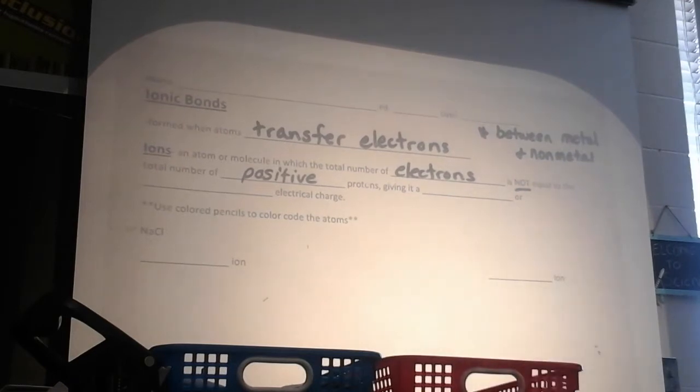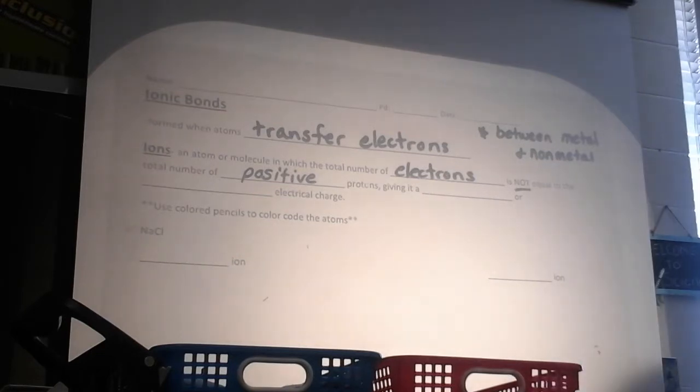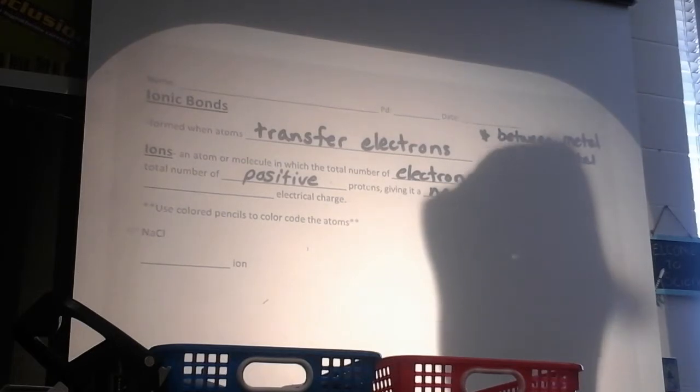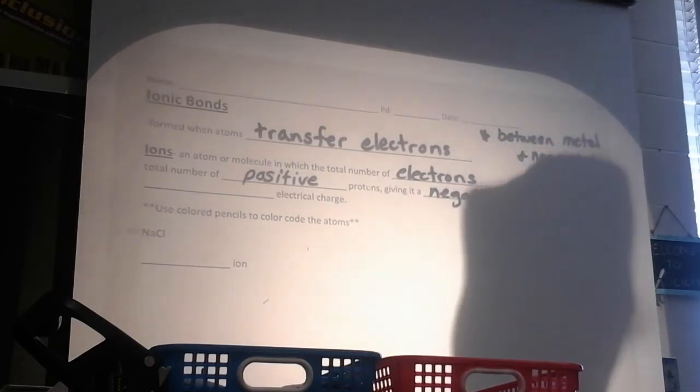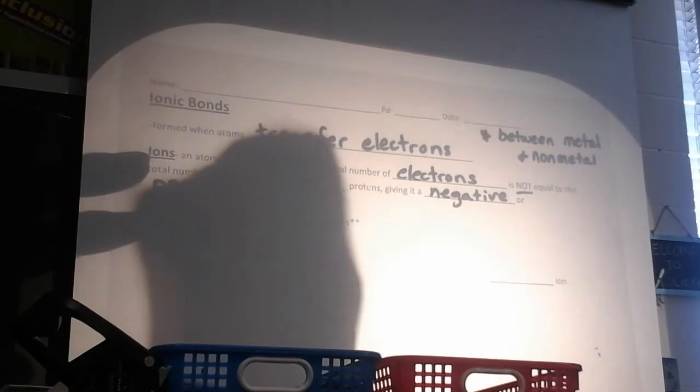If they are out of balance, what happens to that atom? It's unstable? No, that's the neutrons. Unstable is neutrons. Now instead we get a charge. Negative or positive. Very good. Giving it either a negative or positive electrical charge.